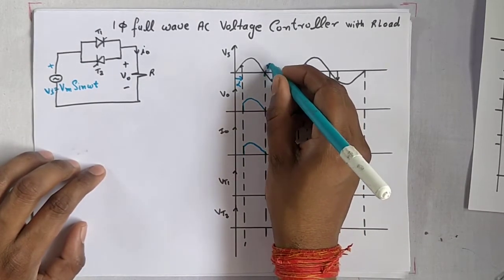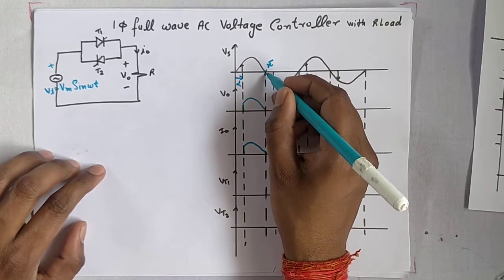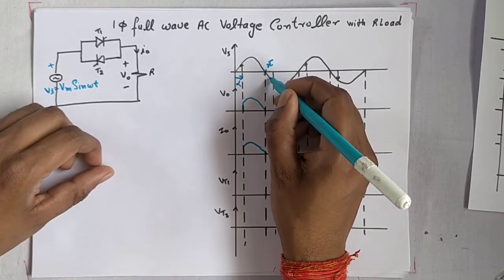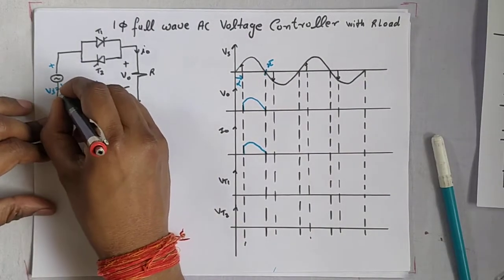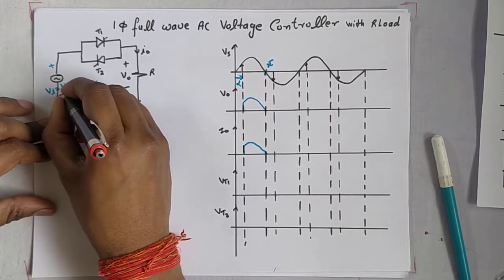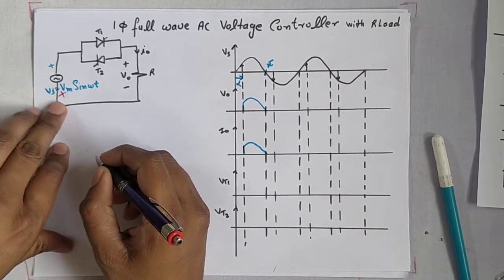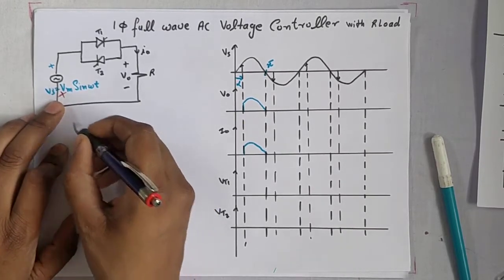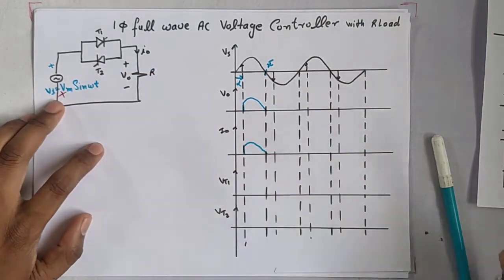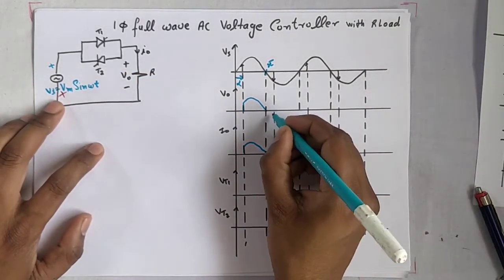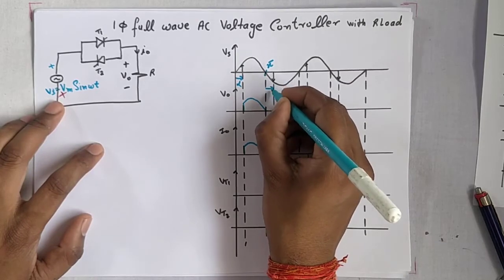After this point pi, the voltage reverses and gets negative, so the other terminal becomes positive. In this negative half cycle only T2 can be triggered on, so T2 is triggered at theta equal to alpha.